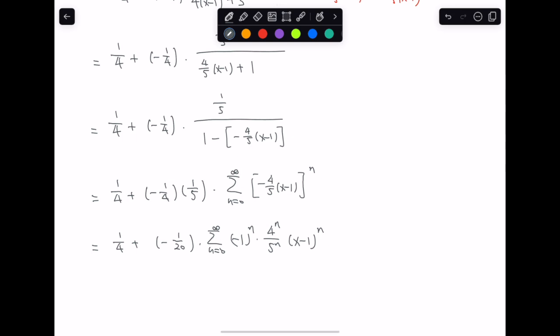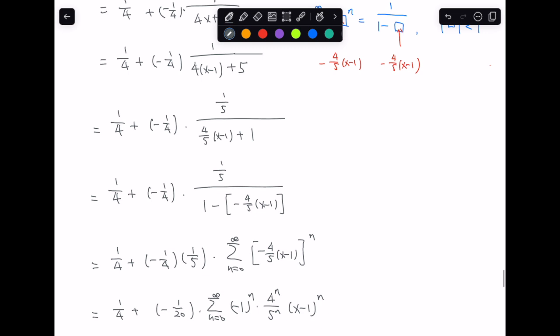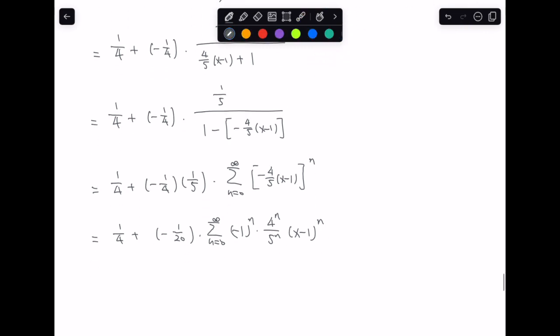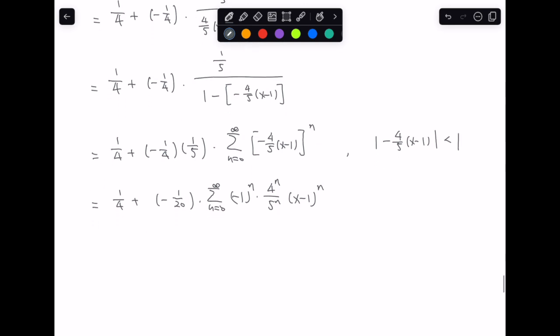But don't forget the condition where this is equal to that, which is exactly the interval of convergence, obtained by letting the box, so here we have negative 4 over 5 x minus 1 absolute value less than 1. We can go ahead to solve this inequality.